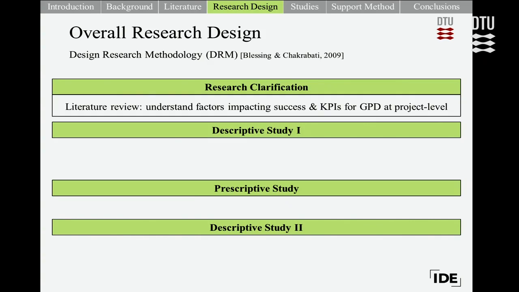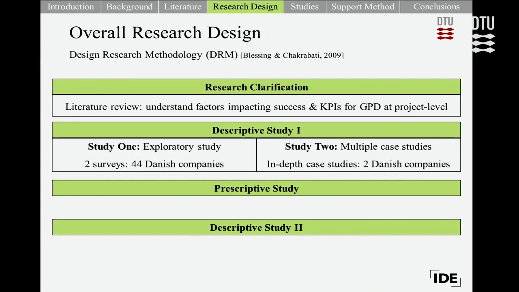So first, the research clarification was the main results from the literature review, where we formulated goals to investigate the factors impacting success and KPIs in GPD. And then second, in the descriptive study, we conducted study 1, the exploratory study, which involved two surveys with 44 Danish manufacturing companies, and then study 2, which went more in depth with case studies with two large Danish manufacturing companies.